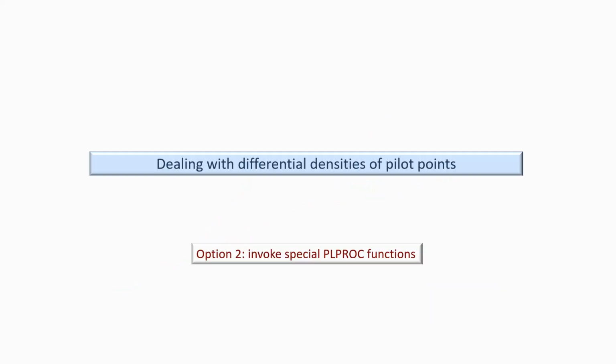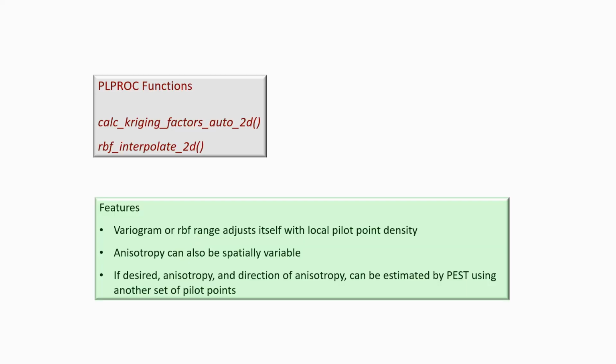Another way of dealing with the situation where we've got variable densities of pilot points is to invoke some special PLPROC functions which are designed specifically to handle that situation. For kriging, we can use this function, calc_kriging_factors_auto_2d. For radial basis functions, we have rbf_interpolate_2d.